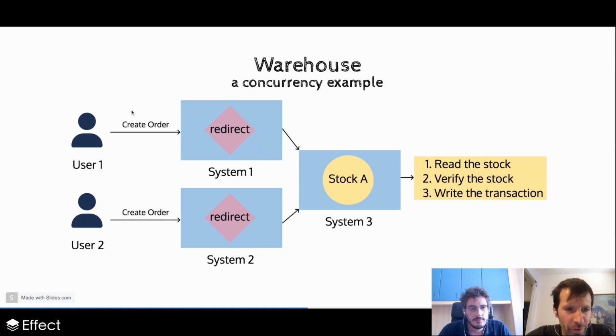So, for example, in this scenario, we solve the problem of concurrent orders, because basically the only system that is running our orders is system number three.